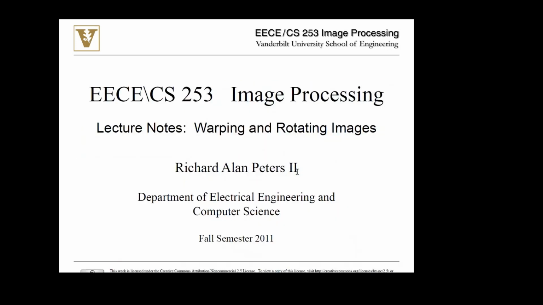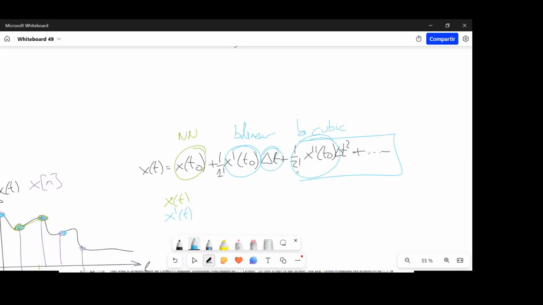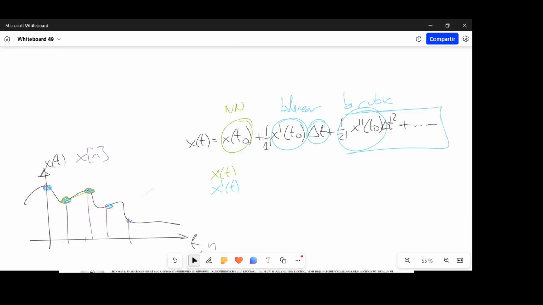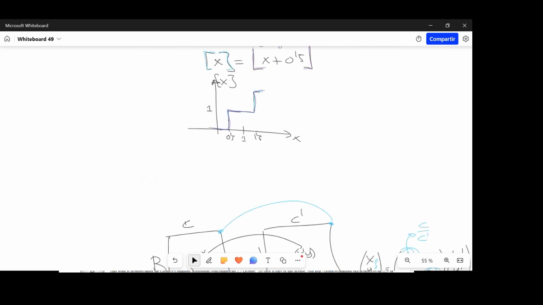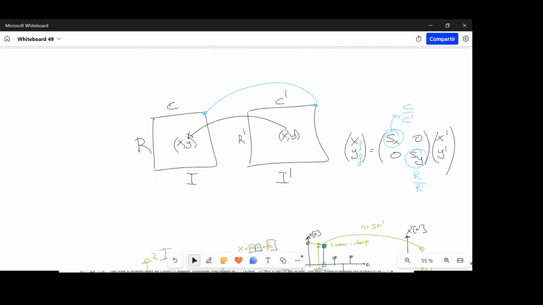Any question on interpolation? Actually, the lecture was about interpolation, it was not about resizing. So resizing was just an excuse to introduce interpolation. This operation here has a very simple structure.